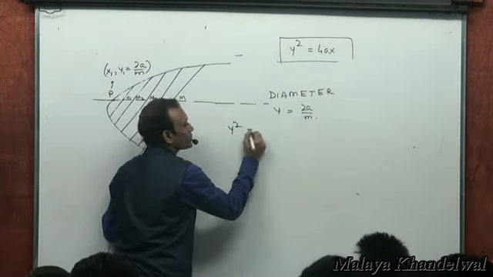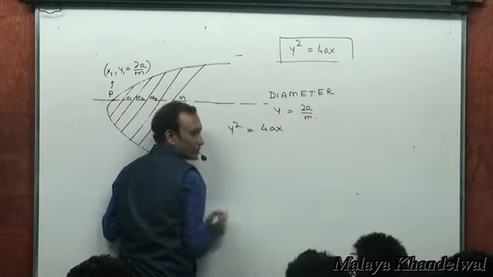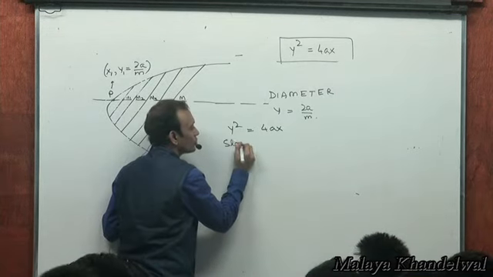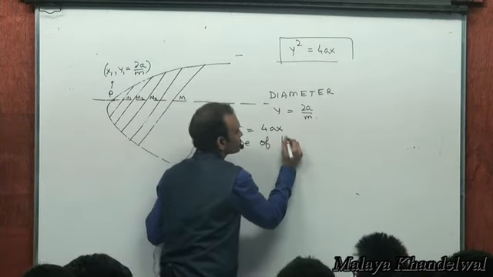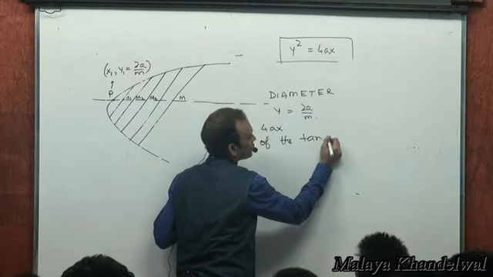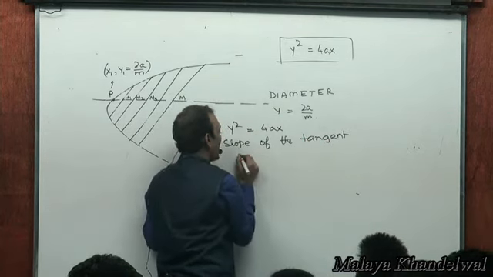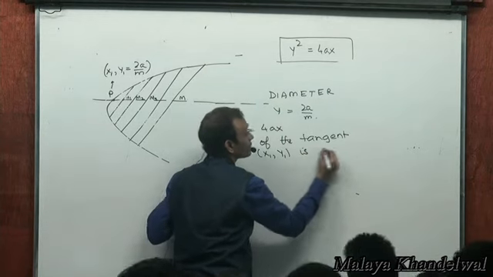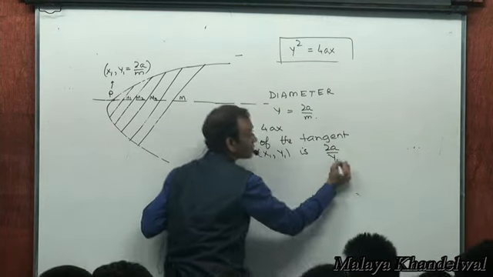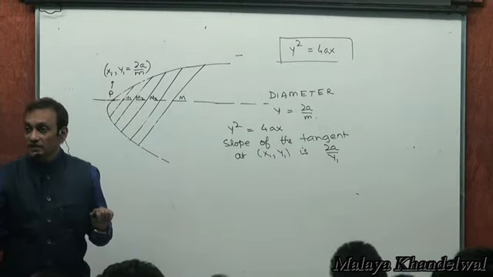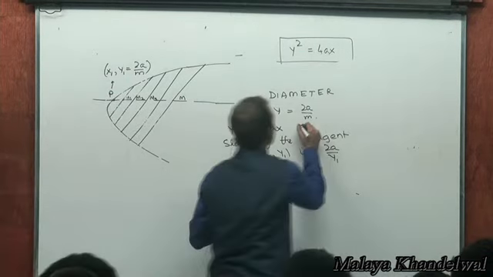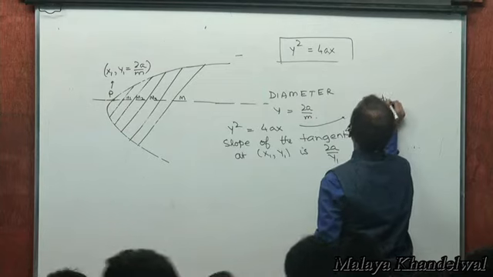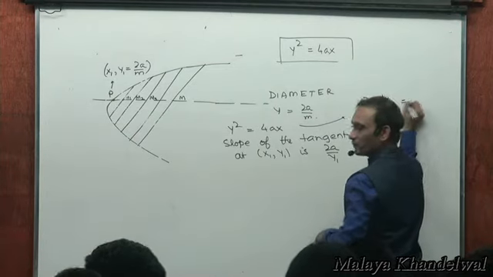Now, in a parabola y squared equal to 4ax, realize that the slope of the tangent at x1 y1 is 2a by y1. Right, at the very onset I derived this. See, if you differentiate this, 2y dy dx is 4a.